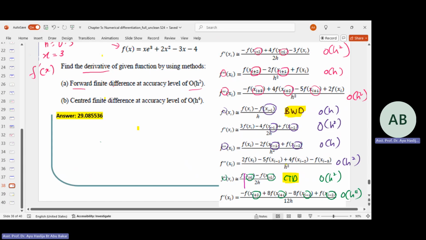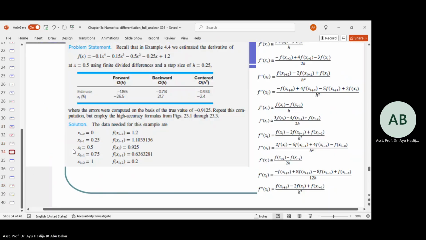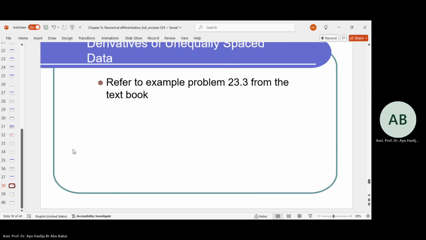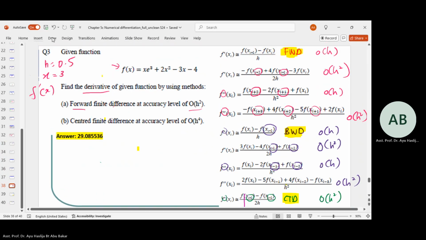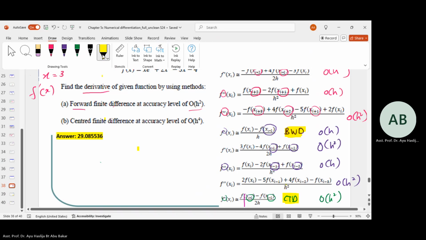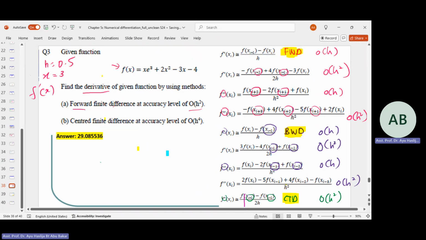Now we proceed with the question. Forward finite difference, accuracy level of O(h^2), first derivative. Now identify your equation.